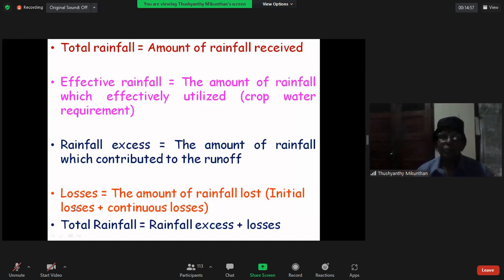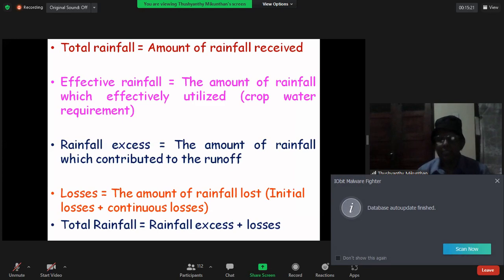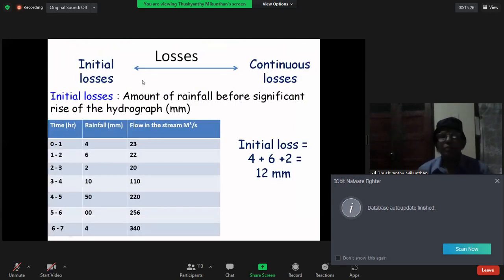Losses are of 2 types: initial loss plus continuous loss. I will explain the meaning of initial loss and how to estimate it, whereas the same applies to continuous loss also. So total rainfall is equal to rainfall excess plus losses. We'll see how to calculate initial loss.